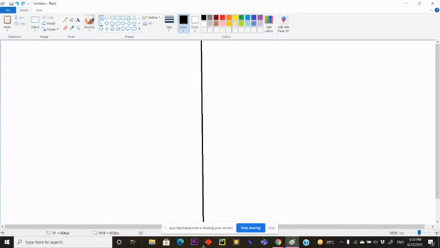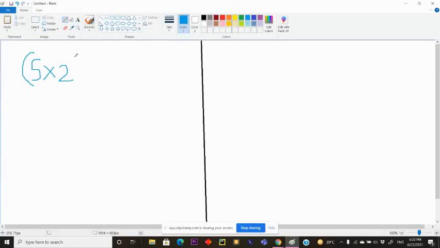This is going to be the differentiating line between both the sums. Let's do both the sums together. 5 into 2. Let's change, 5 into 2 into 3 maybe.